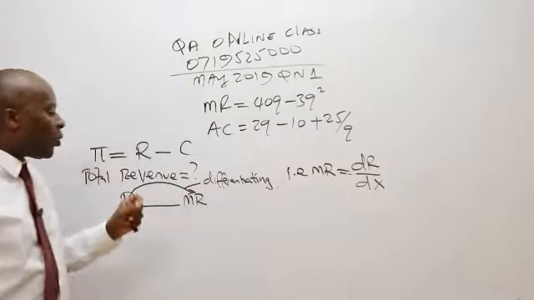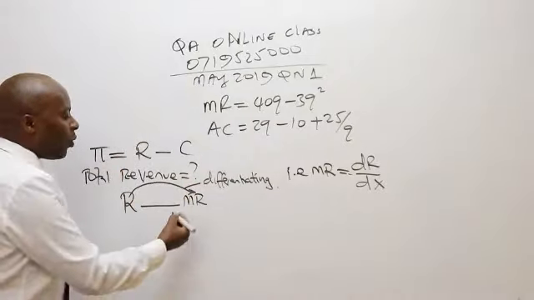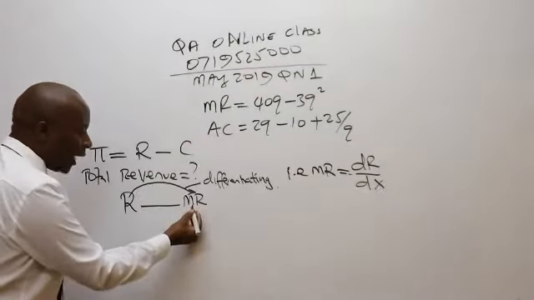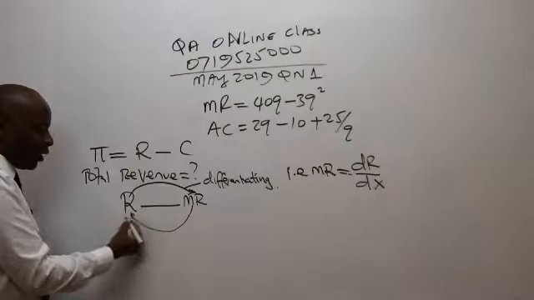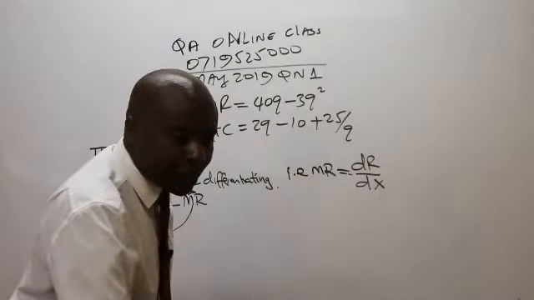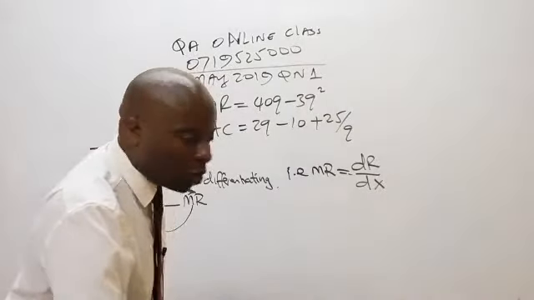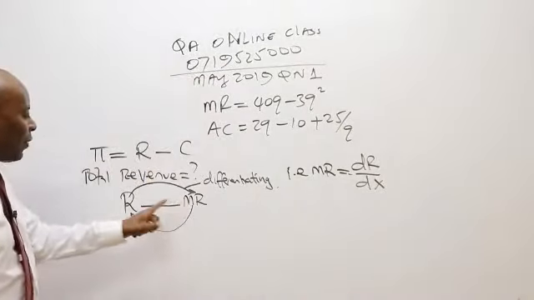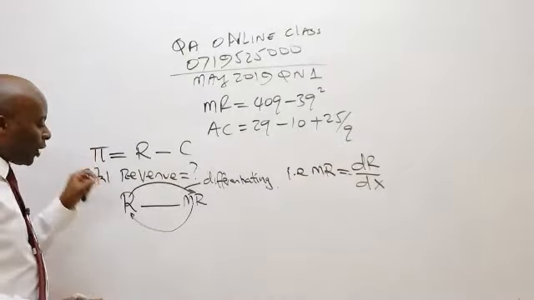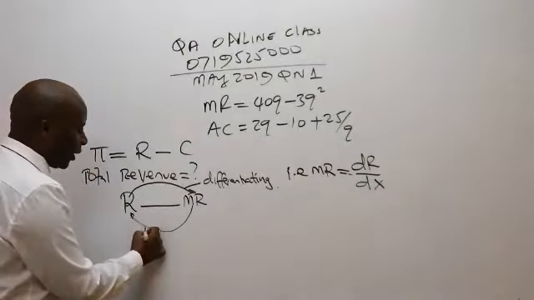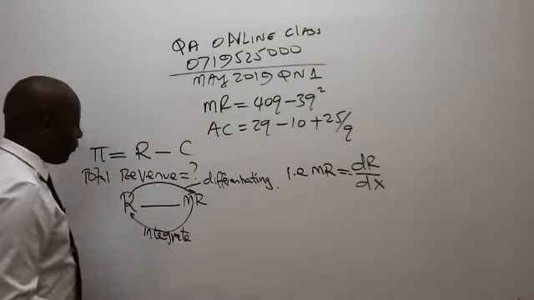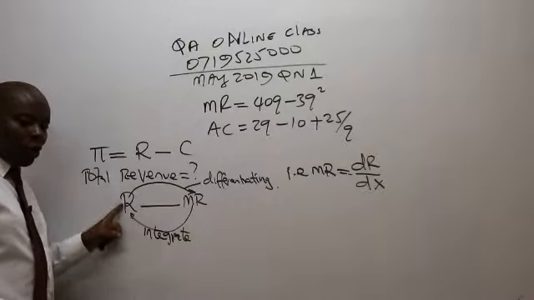Now, how about the other way around, where the examiner gives you marginal revenue and expects you to get total revenue? Ladies and gentlemen, the other side of the coin: if you are given marginal revenue and the examiner wants us to ascertain total revenue, then what we shall do is integrate. We integrate marginal revenue to be able to get total revenue.